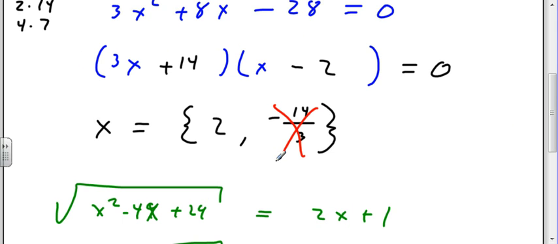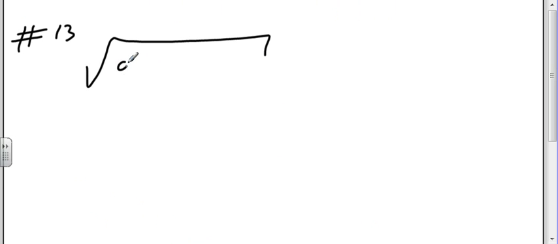Okay, well, did I do 13? No. Okay, so I'm supposed to do 13, so I better hurry up and do 13. Square root of a squared minus 5a plus 20 is equal to 4a.